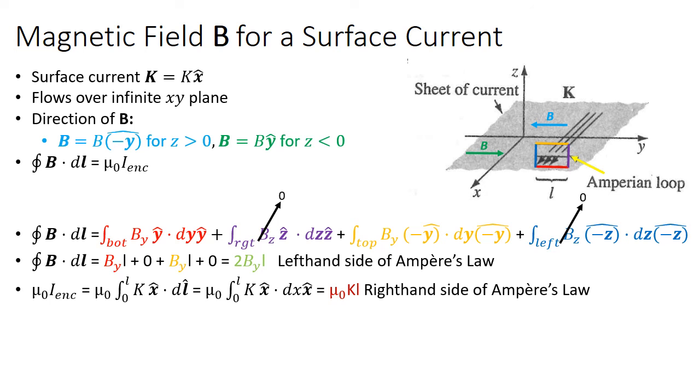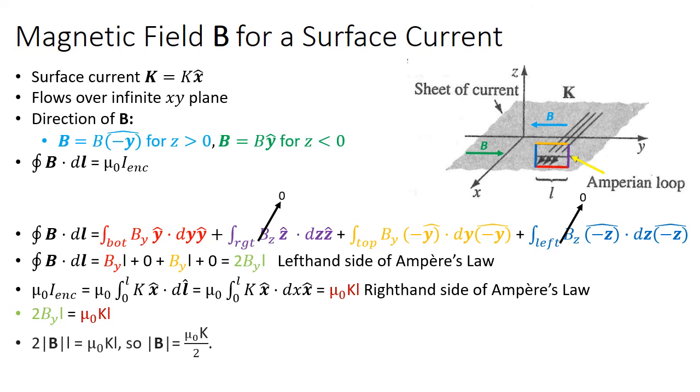Okay, and then we take the surface current density and put that across dl, and that evaluates to mu 0 times K times L, and that gives us the value of the right-hand side of Ampere's law. So we have a simple expression for the left-hand side, a simple expression for the right-hand side, and we can substitute them both in and set them equal to each other.